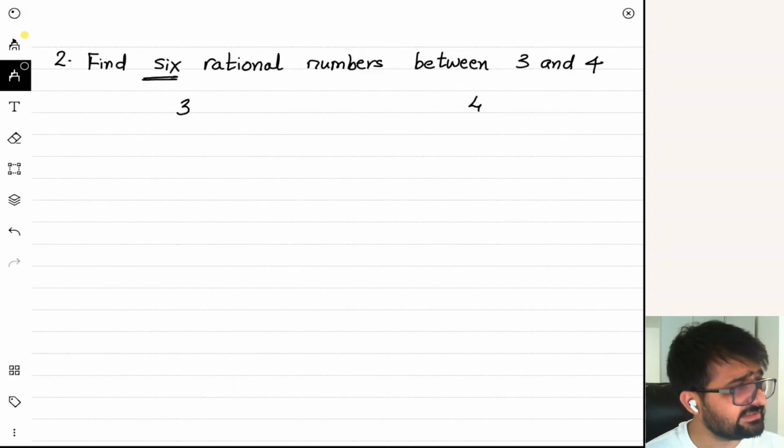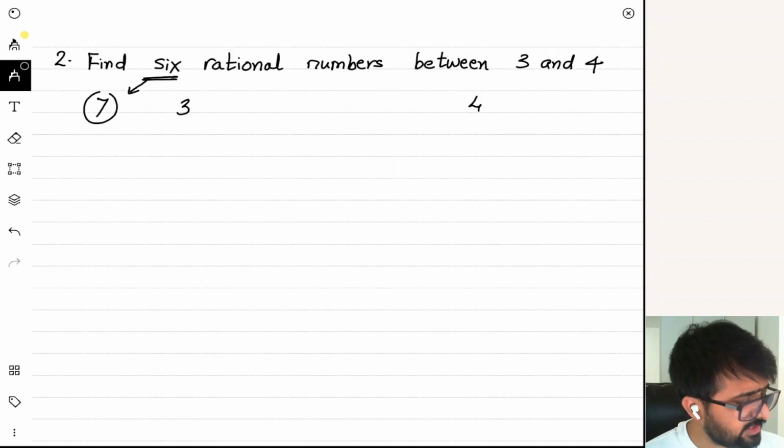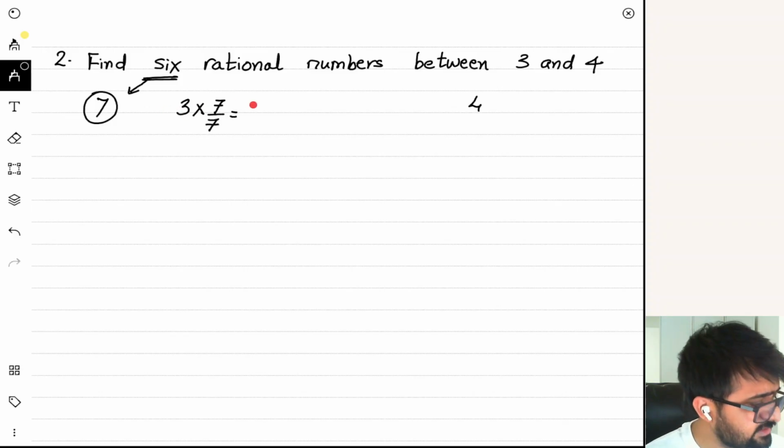Now, since I need 6 rational numbers, take any number which is greater than 6. Let's say I take 7, right? Or I could have taken 8 or 9. Take just any number really which is greater than 6. So I took the number 7. So now multiply and divide by 7 to make this 3 as 21 over 7.